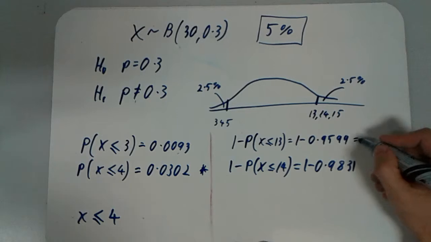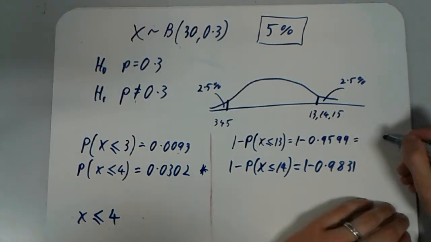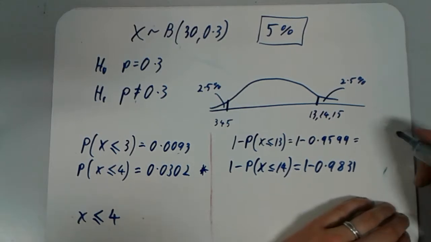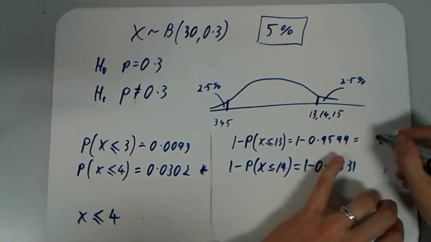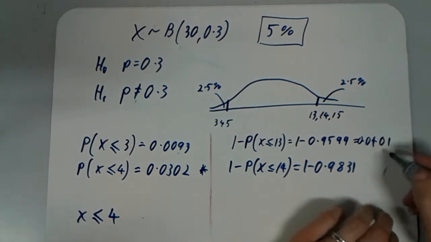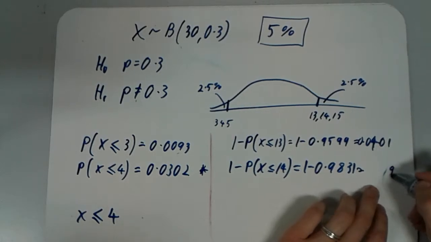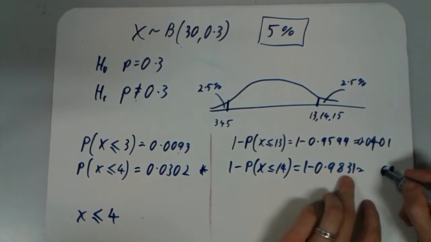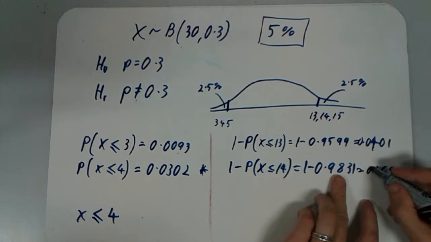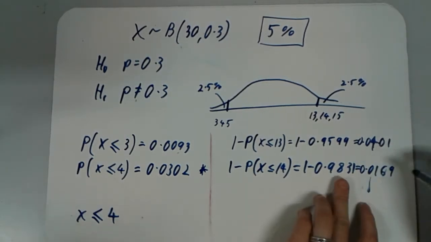Calculating each of these, that's going to give us 0.1040 and this one's going to give us 0.0169.